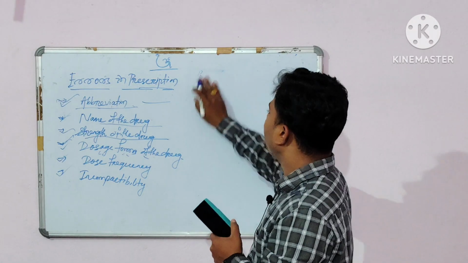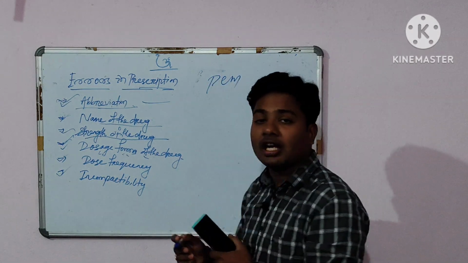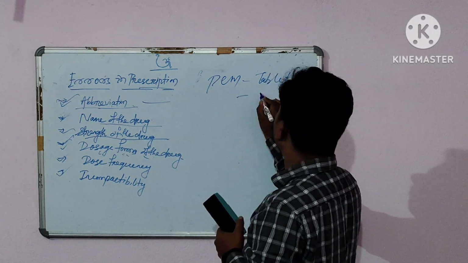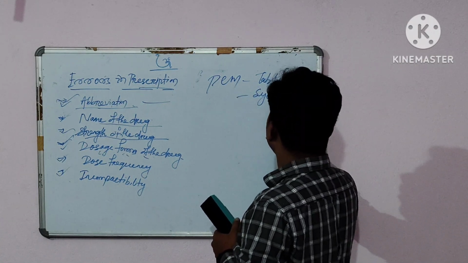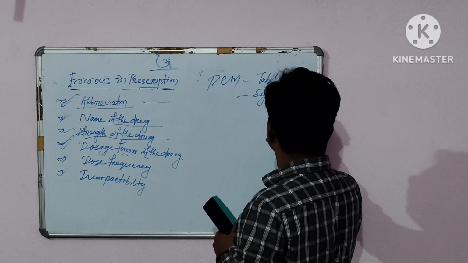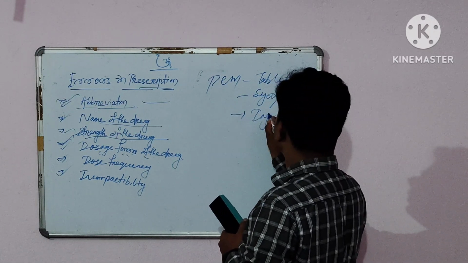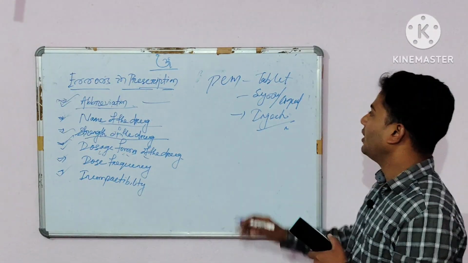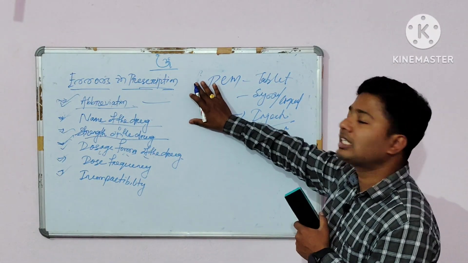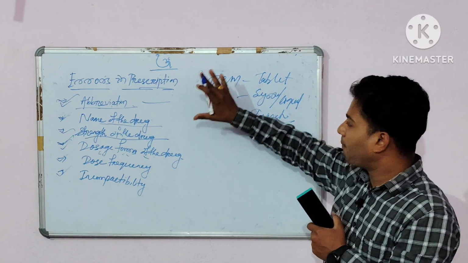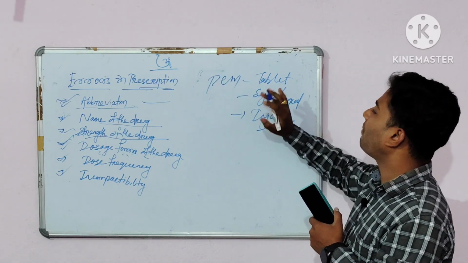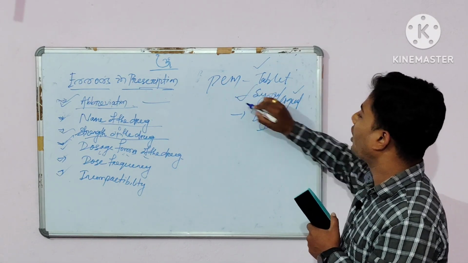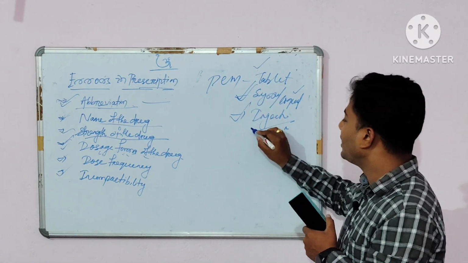All of you know paracetamol is available in the market in the form of tablet, in the form of syrup or liquid dosage form, or in the form of injection. That is also a liquid part. So all of you know the paracetamol medicine is available in the market in the form of tablet dosage form, liquid dosage form, syrups, or injection.